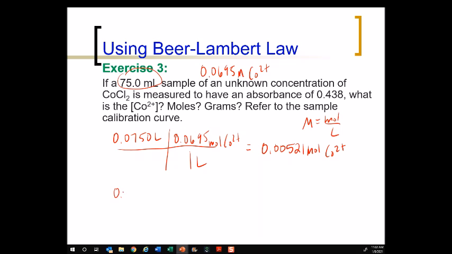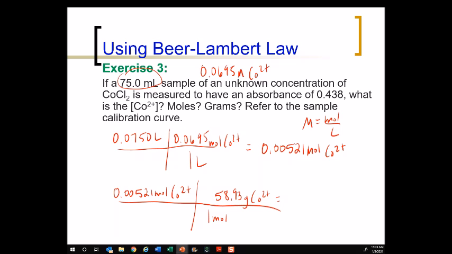Now I can take my moles and figure out the grams if I want to. So 1 mole is like 58.93 grams of cobalt.